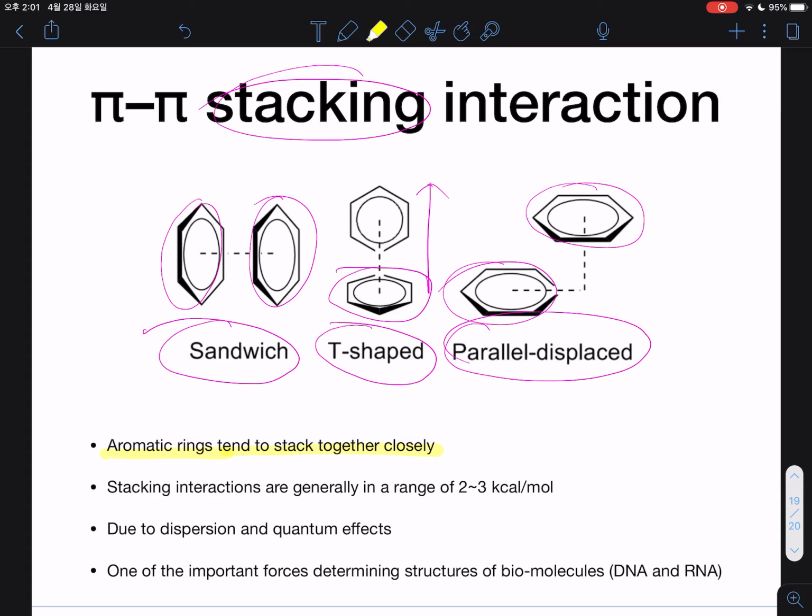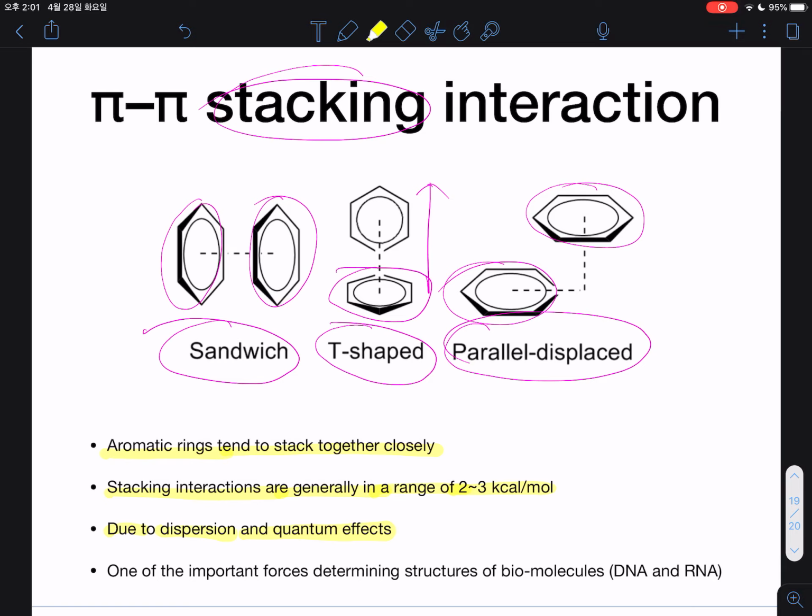Experimentally, the stacking interactions are measured to be in a range of 2 to 3 kilocalories per mole, which is quite high. It is still under debate and not completely understood why these two aromatic rings interact with each other, because it's a complex phenomenon, coming from some dispersion interactions and also some quantum effects.